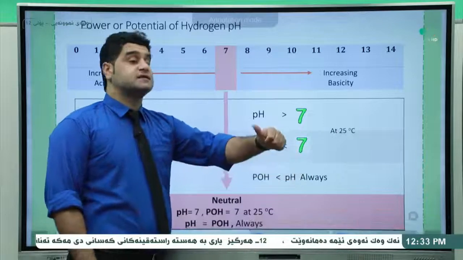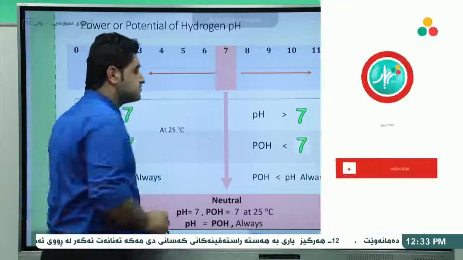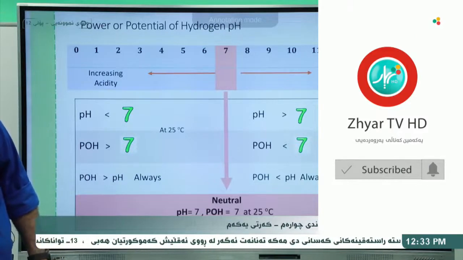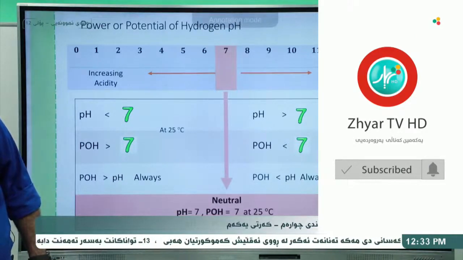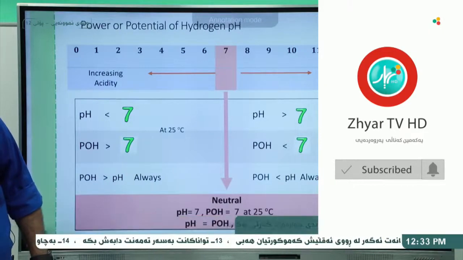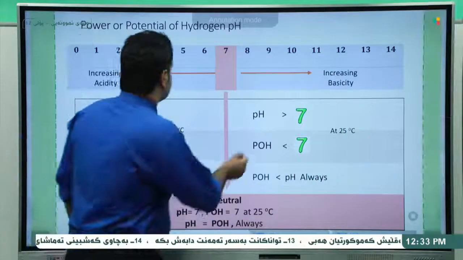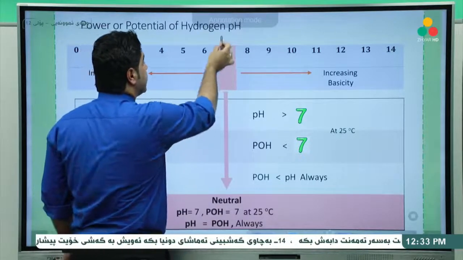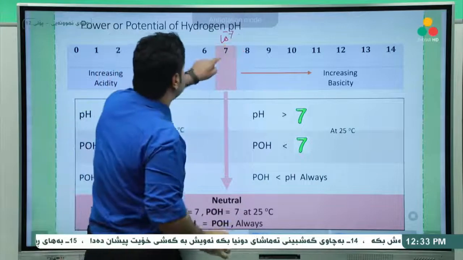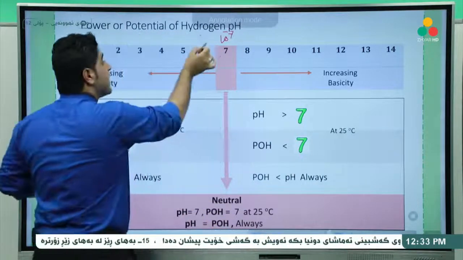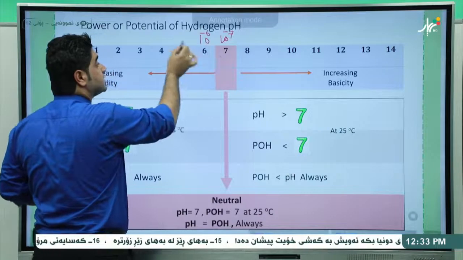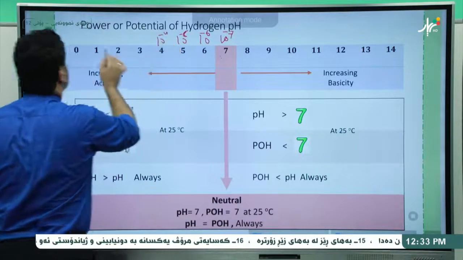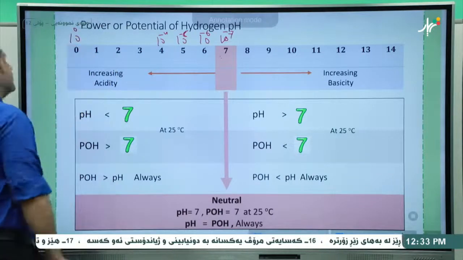About the hydronium ion concentration, there was 10 to the negative 7, but here we have 7. Here we have 10 to the negative 6, here we have 6. 10 to the negative 5, here we have 5. 10 to the negative 4, here we have 4. 10 to the 0, and here we have 0.